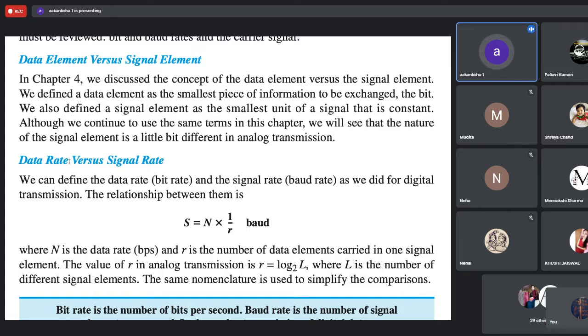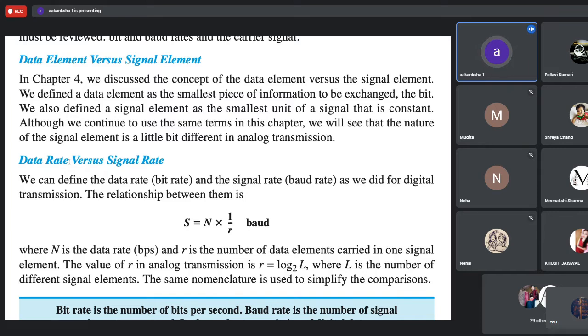So suppose the positive cycle of the sine wave is carrying 1 and the negative is representing 0. Then one signal element will be carrying 2 bits of information. So that is R. Is that clear? What is R? R is the number of data elements carried in one signal element.